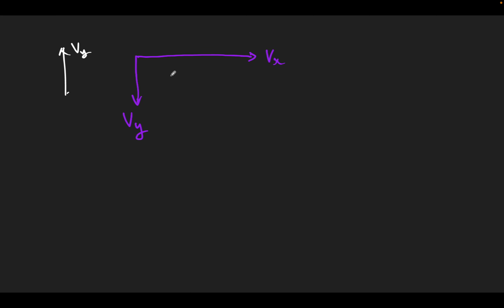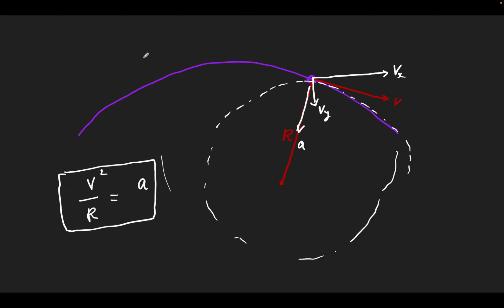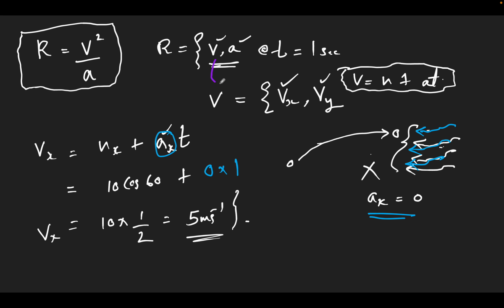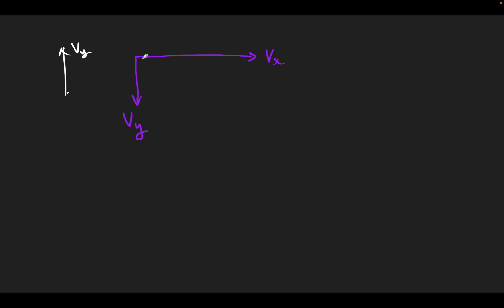So what is V then? V is the resultant of these two, because this is the V which is being split into Vx and Vy. So V is the resultant of these two, which is this one. We know vector addition. So this is V. V is equal to the square root of Vx square plus Vy square.